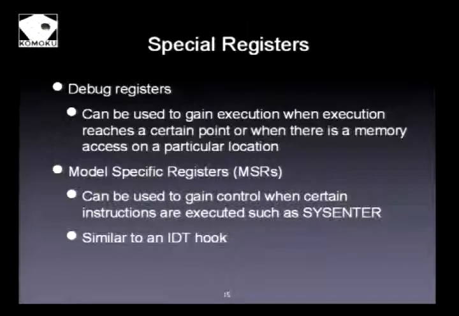There's also the model-specific registers in the more recent architectures from AMD and Intel. These are equivalent to an interrupt descriptor table hook in many ways. You can overwrite the MSR register for sysenter, for example. In that register is just stored the address of the function that will handle the sysenter call. You can overwrite that with your own address in order to gain execution.